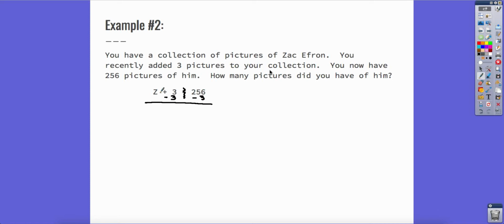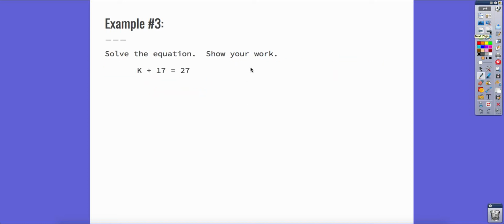So Z plus 3 minus 3, those 3's cancel and become 0, so it's like they're not there. Then 256 minus 3 is 253 pictures. So we're using opposites to solve, and when I get them to cancel and I know that 0 is there, I know I just have my variable left.